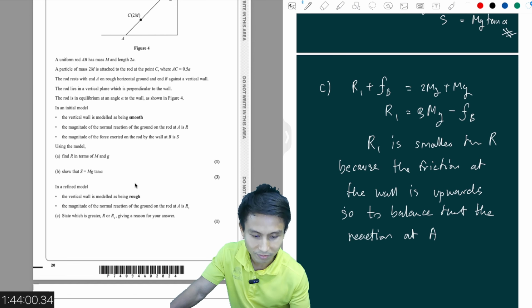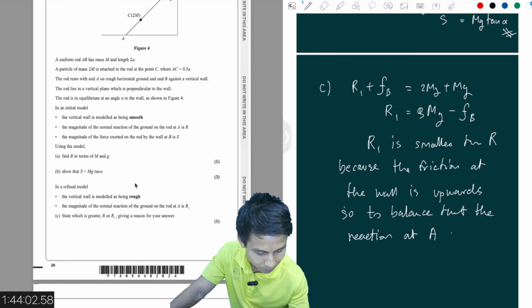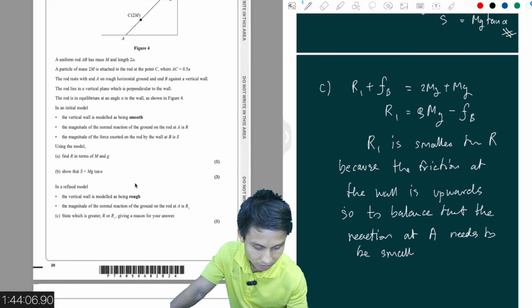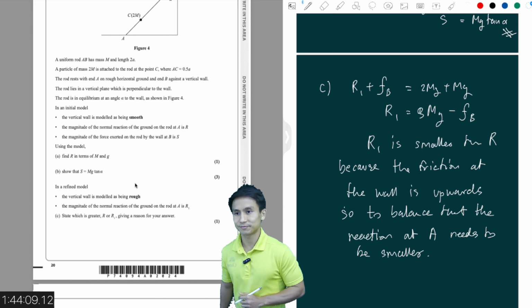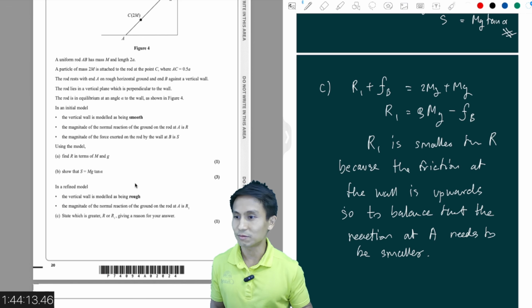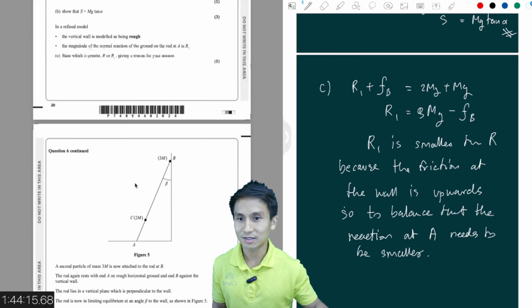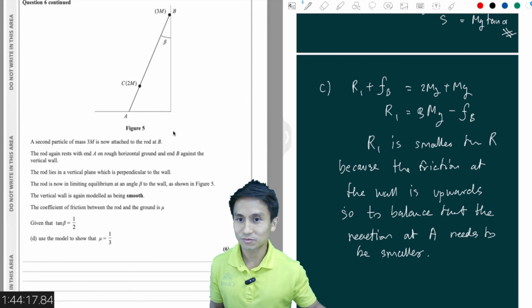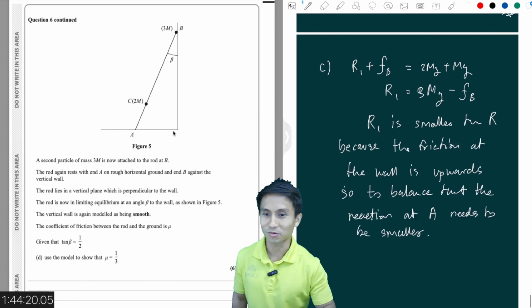The bottom left reaction there needs to be smaller. That's it. Because now there is an upward force here that will subtract from 3mg. And that's C done.